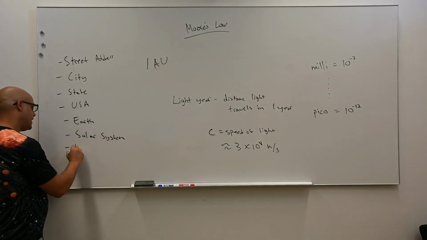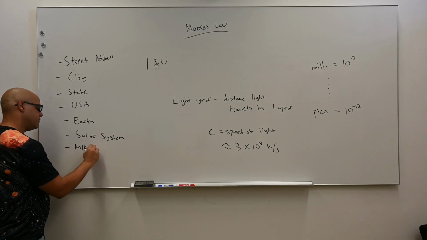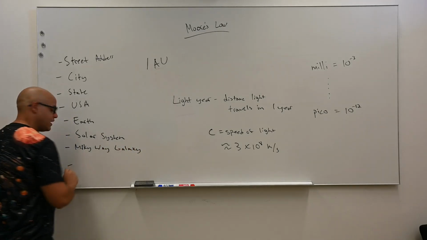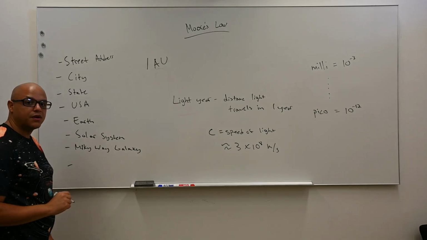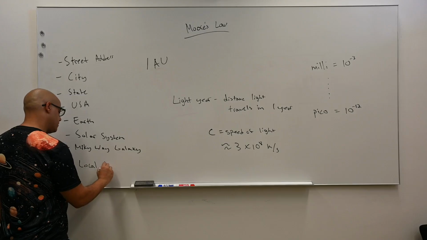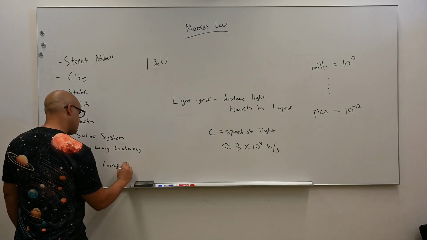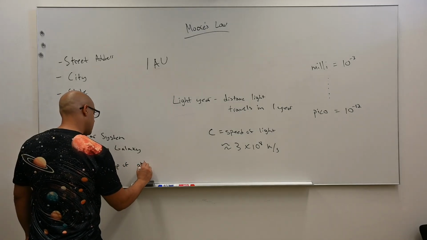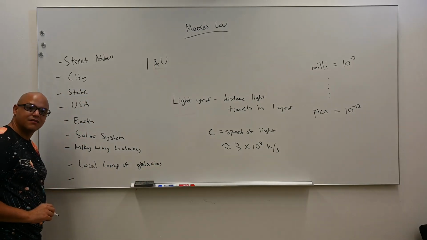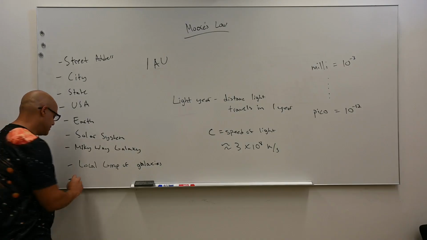We live in the Milky Way galaxy. And the Milky Way galaxy is part of a local group of galaxies. And the last, and maybe the most important, is the universe.